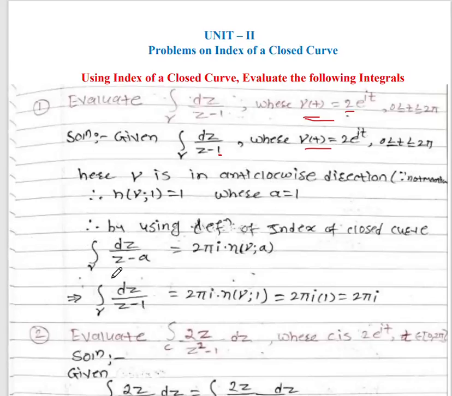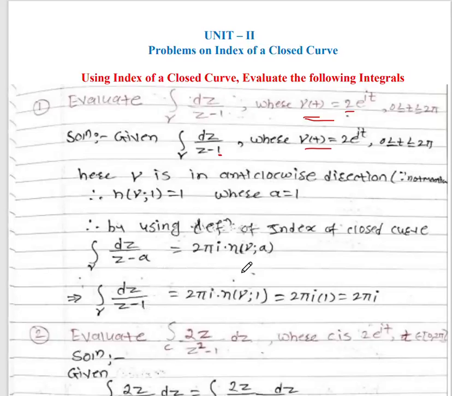Therefore, by using the definition of the index of a closed curve, the integral over gamma dz upon z minus a equals 2 pi i times the index of the closed curve gamma at the point a. Put a equal to 1.